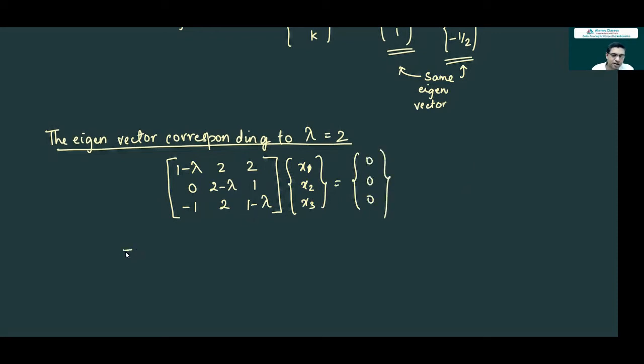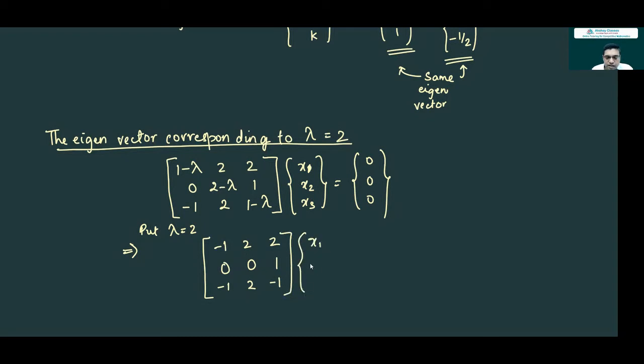A minus lambda I, right? Now put lambda equal to 2. So what do we get? Minus 1, 2, 2; 0, 0, 1; minus 1, 2, minus 1, times x1, x2, x3 is equal to 0, 0, 0.